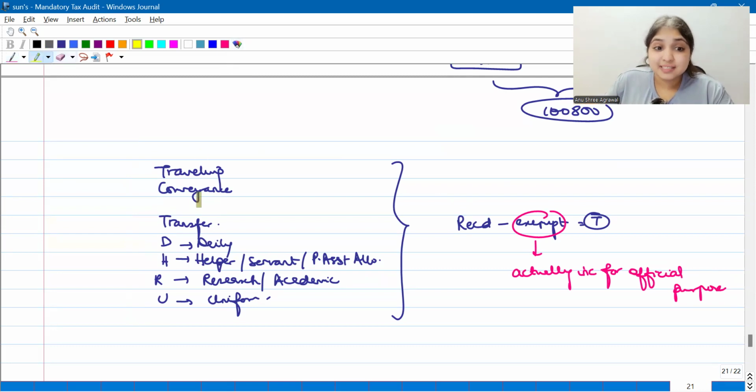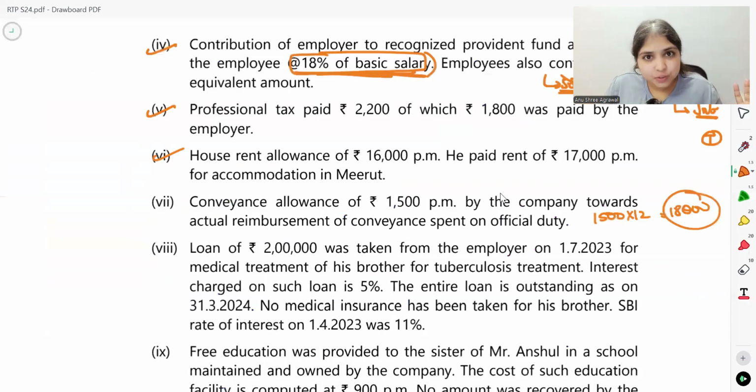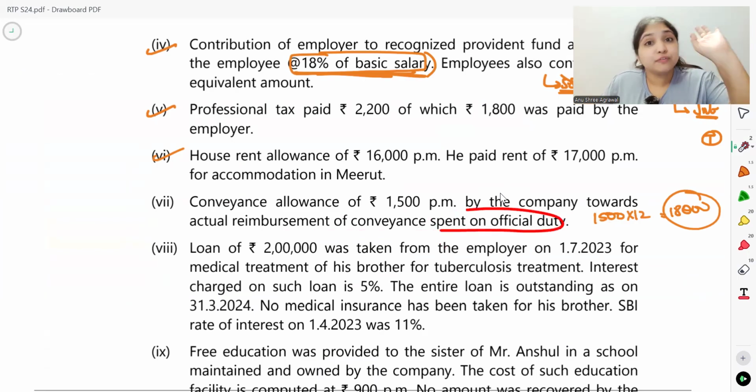So conveyance allowance is what they're talking about in this question. So it falls under the same category. So how much did my assessee receive? My assessee received 18,000 over here. How much is exempt? Whatever assessee has incurred for official purpose. The question says this 18,000 is towards reimbursement of conveyance spent on official duty.